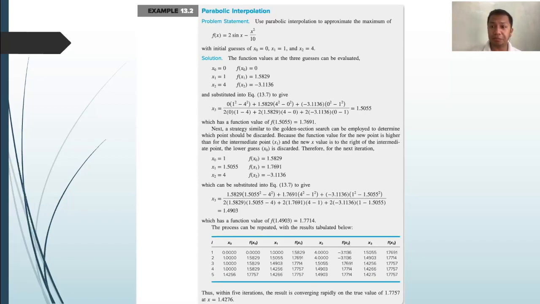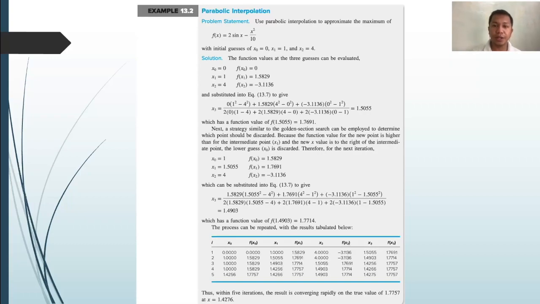The same example, but this time use parabolic interpolation to approximate the same function with initial guesses x0 is equal to 0, x1 is equal to 1, x2 is equal to 4.